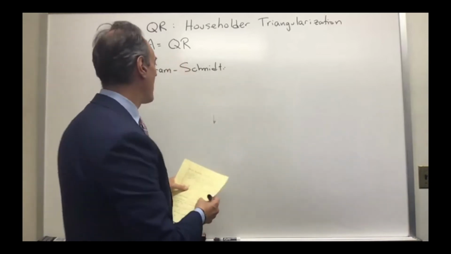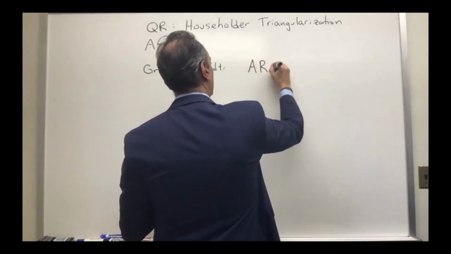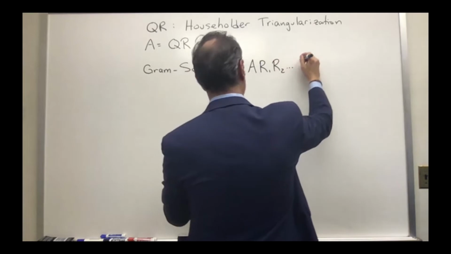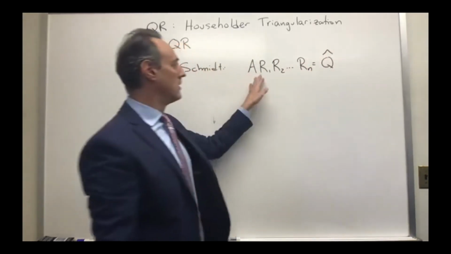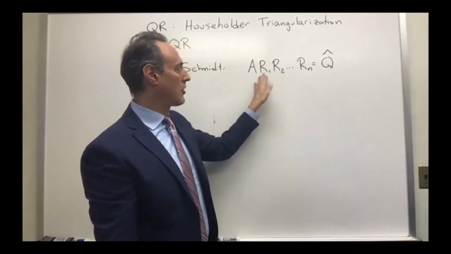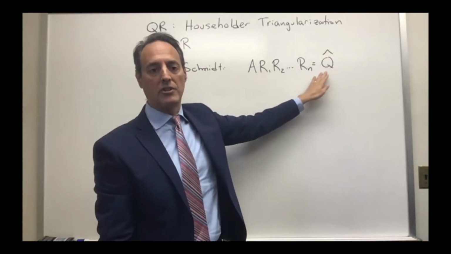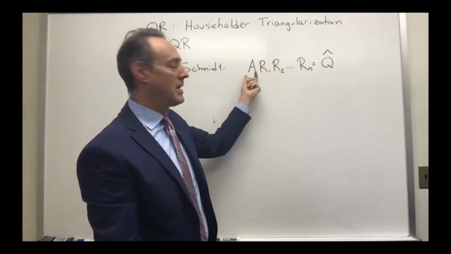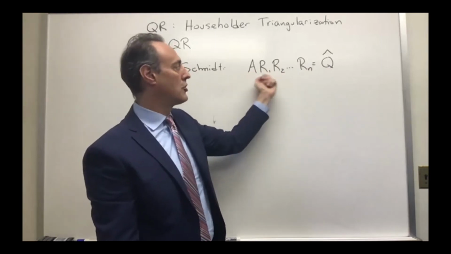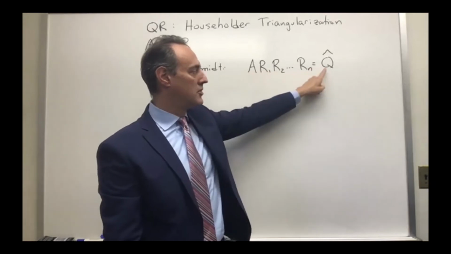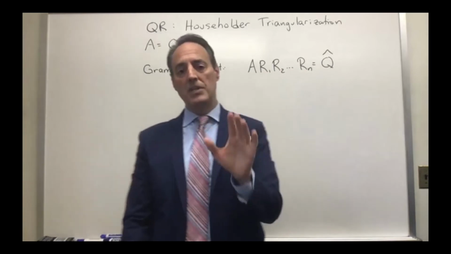And so one way to think about what Gram-Schmidt did was it was basically constructing a series of matrices that are constructed recursively in order for me to build an orthonormal embedding space. So think about this. I took the matrix A, I figure out what do I have to multiply by R1, then by R2, and I do this recursively to start building the columns of Q. And this is exactly what we did in Gram-Schmidt.